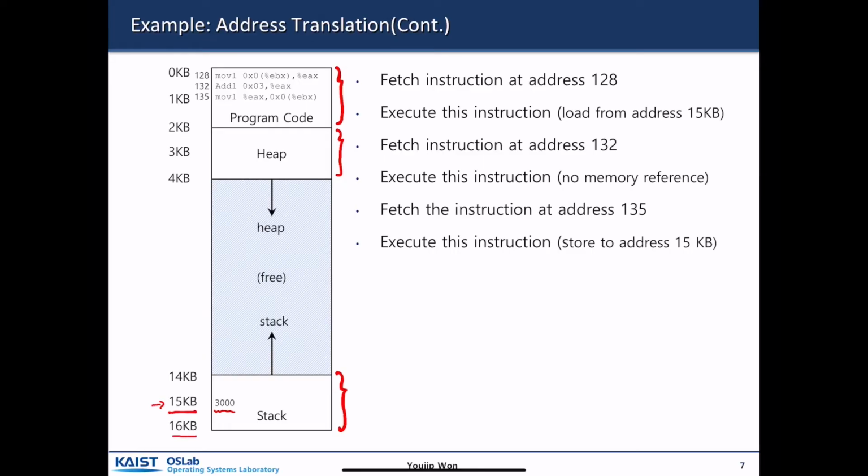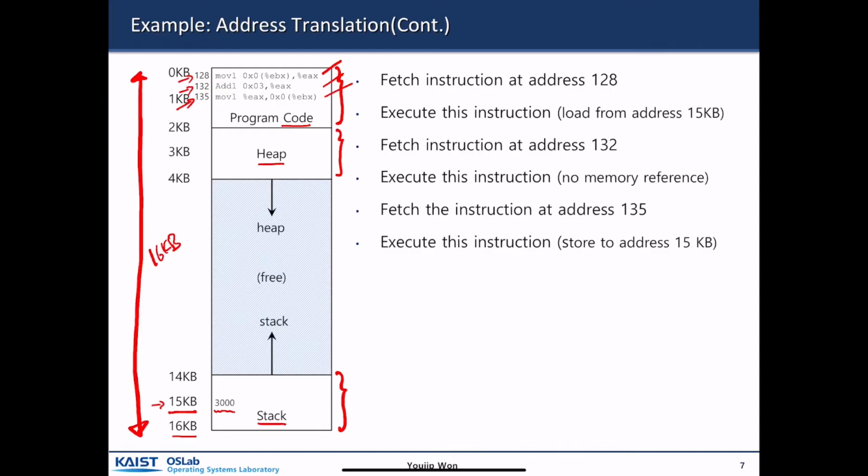As you can see, the total size of the virtual address space for a process is from 0 to 16 kilobytes. There are only 3 segments here. And in the code segment, there are 3 assembly instructions loaded, and the corresponding addresses for these instructions are 128, 132, and 135.